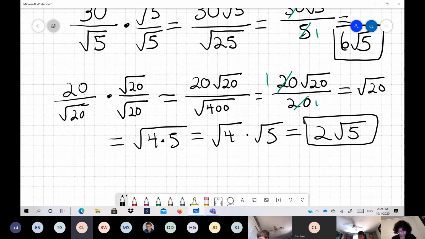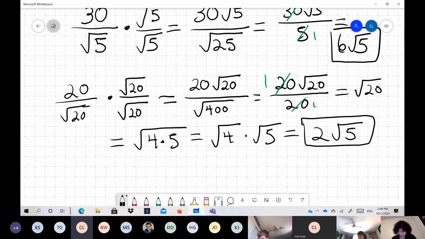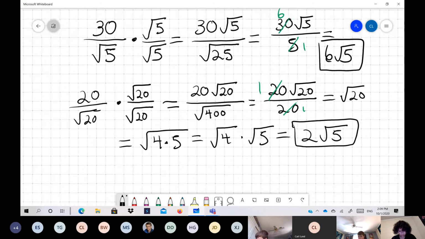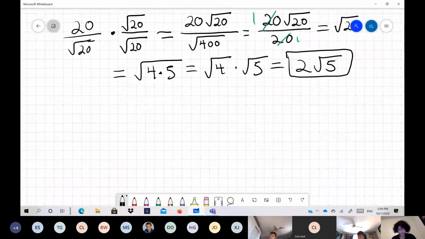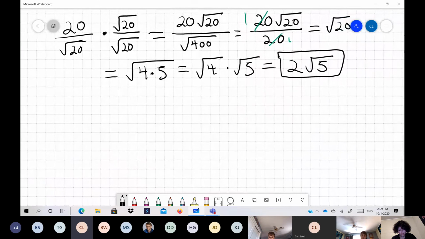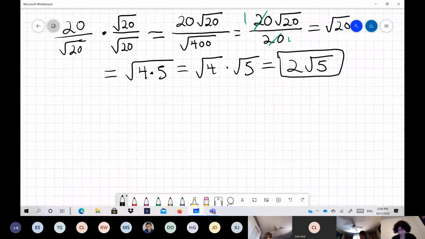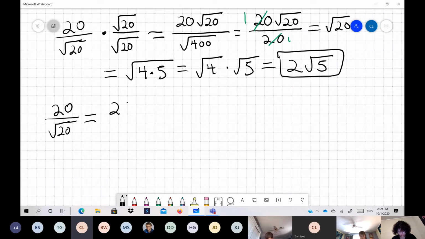My other possibility for this problem is to start by instead simplifying my square root. So I could start by saying, oh, I can simplify the square root of 20.